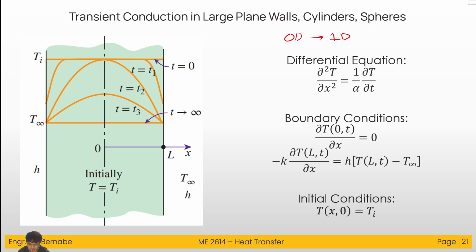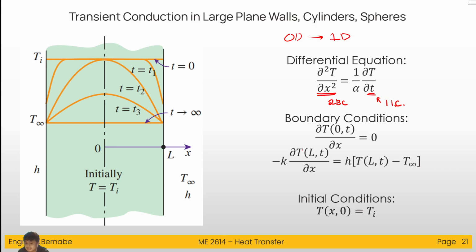If you might recall, for differential equations, if you have an nth order differential equation, you would need n number of conditions. So for this case, you have second order in space and first order in time. They have different variables, that's why they are separate. Now you have a partial differential equation, so you would need two boundary conditions and one initial condition.